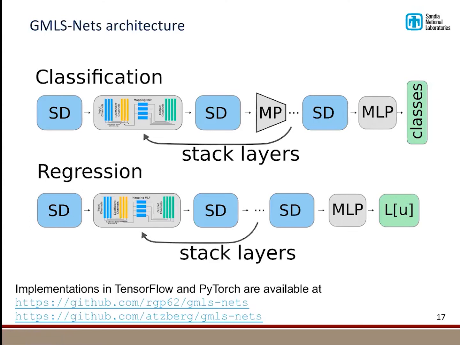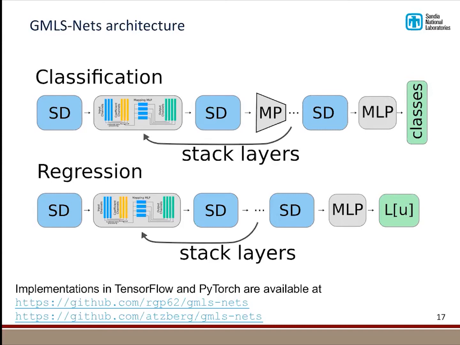I should also mention that Sandia has a Trilinos library called Compadre for accelerating the solution of these GMLS problems on GPUs, and it works in Python. We're working on accelerating this a lot, but even a vanilla serial implementation is pretty fast.